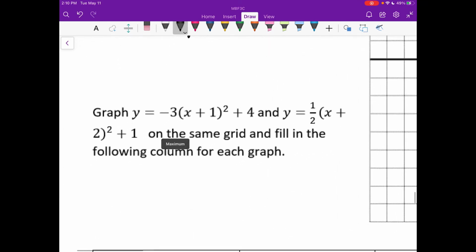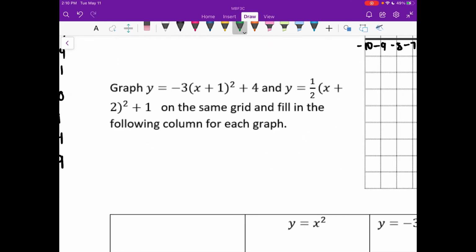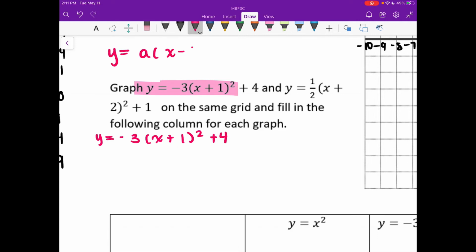So first things first, let's do this one in this pink color. So I'm just going to highlight it. So let's find out what for y equals -3(x plus 1) squared plus 4. We want to find out from formula a(x minus h) squared plus k.